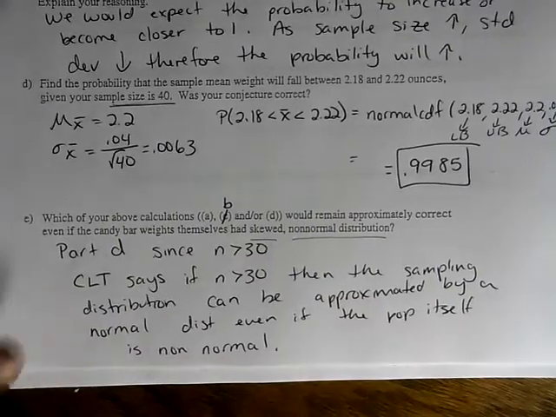So really the only one that would work with would be D. A and B, our calculations would not be as accurate because we're only taking a sample of 1 or 5.